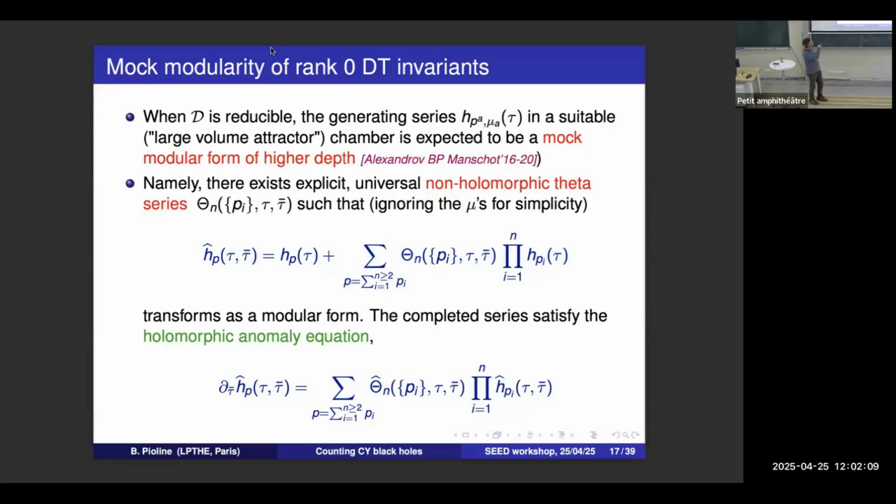Equivalently, the tau-bar derivative of this object is non-zero, but it involves also the completions of the constituents. And that's not just a general expectation, it's a very precise prescription for what these theta series are.